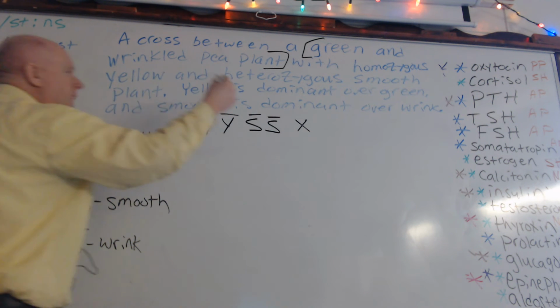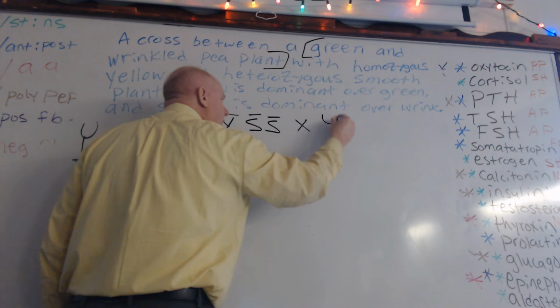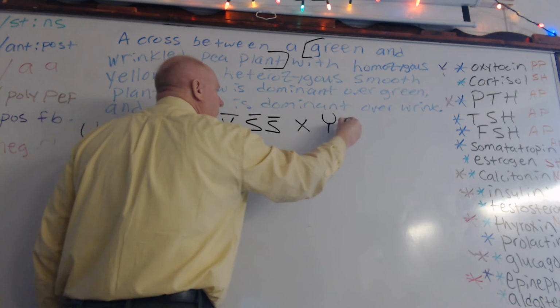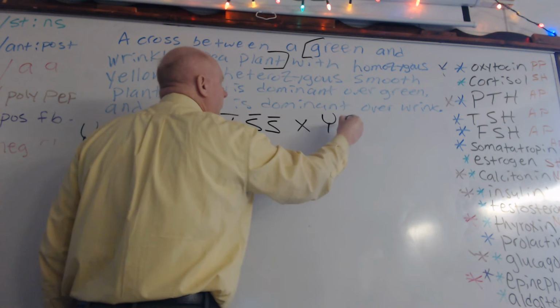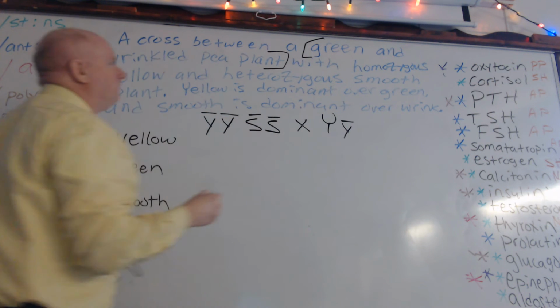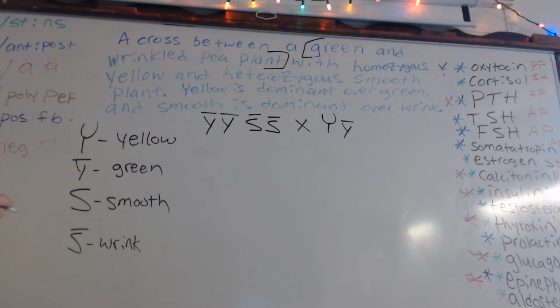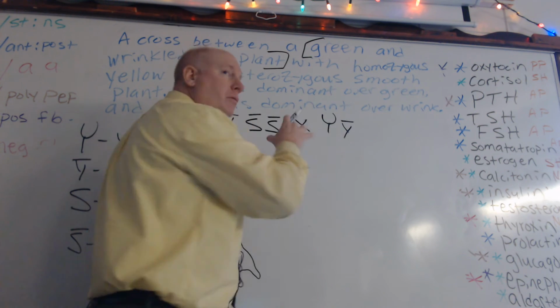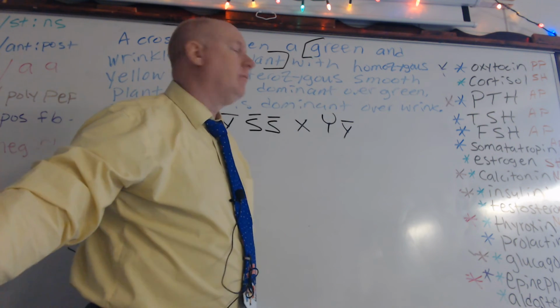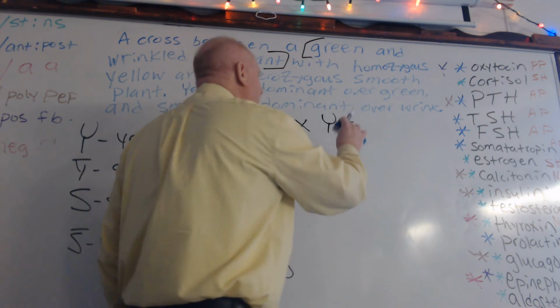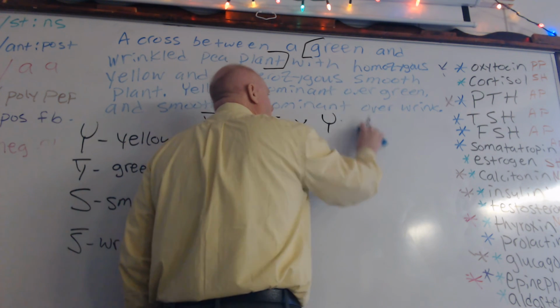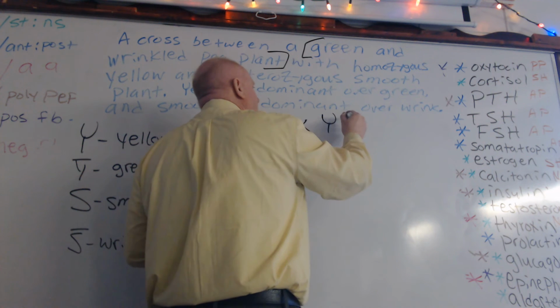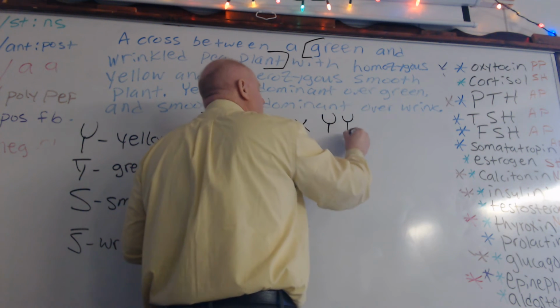Capital Y. Lowercase y. Capital Y instead of lowercase y. Say that again. Capital Y instead of lowercase y. Okay, this one? Oh, I thought I heard 2, 1 of each. Okay.